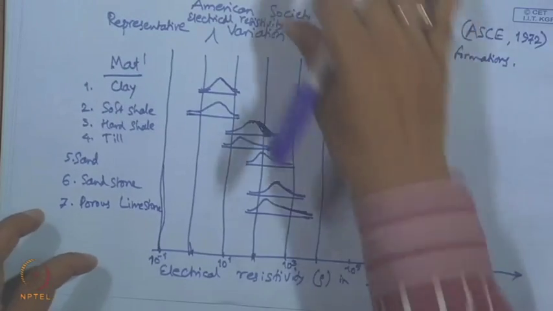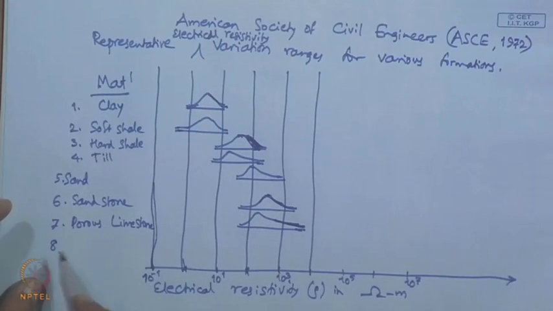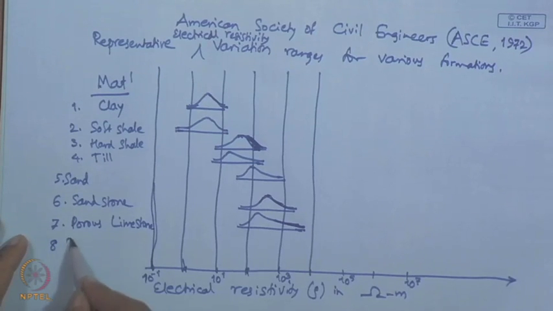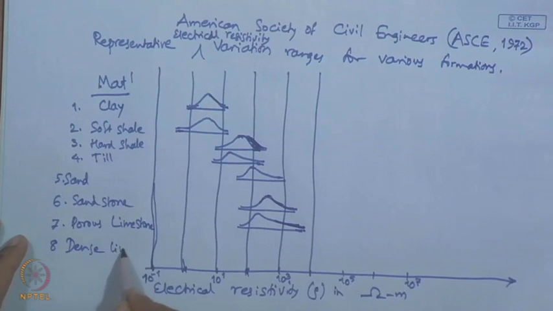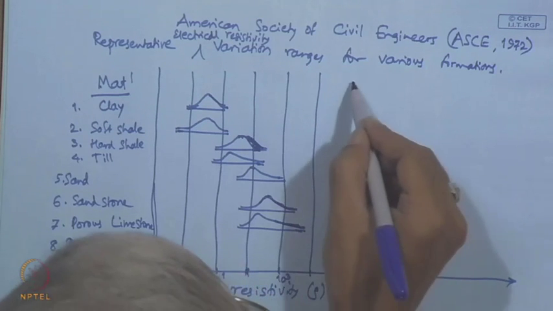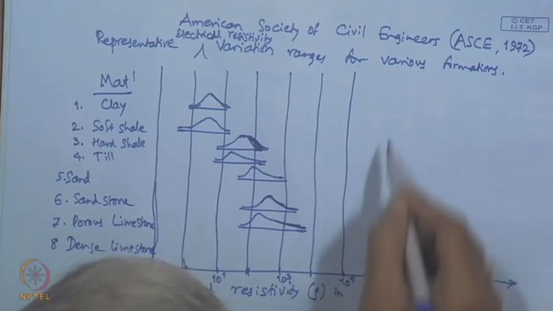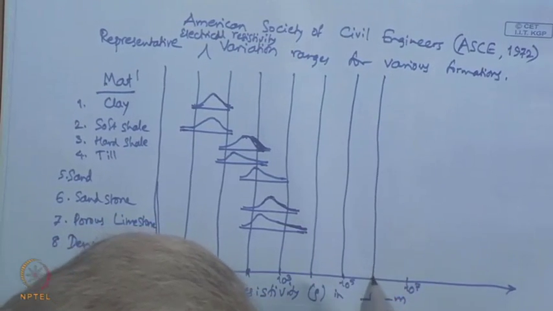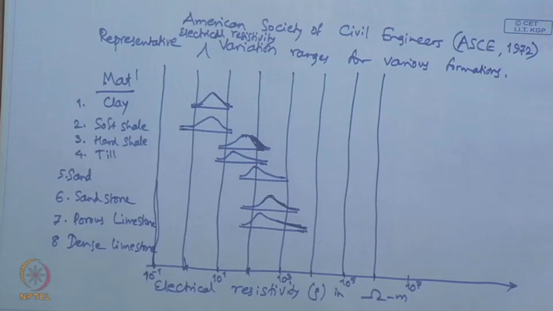Lastly, dense limestone shows a large variation, starting at 10 to the power 3 and continuing even beyond 10 to the power 6.